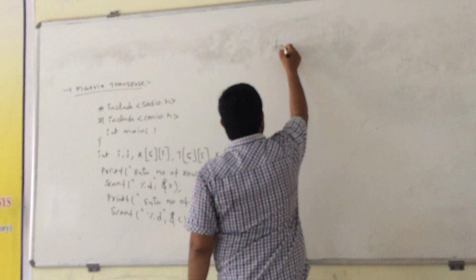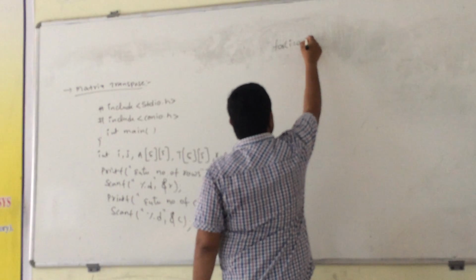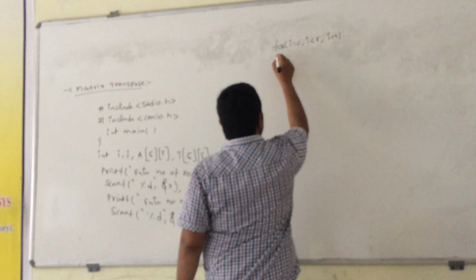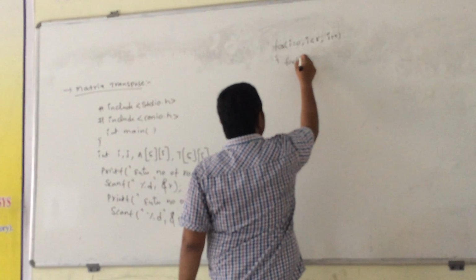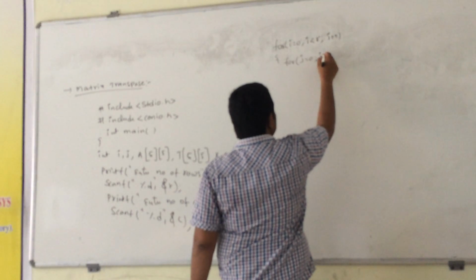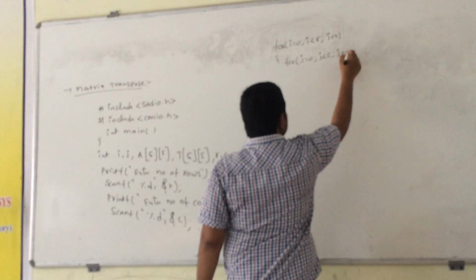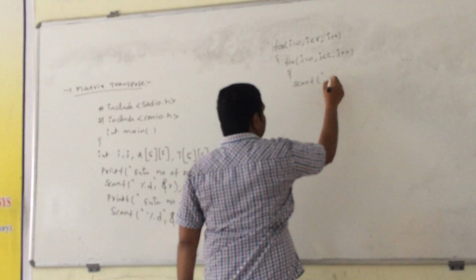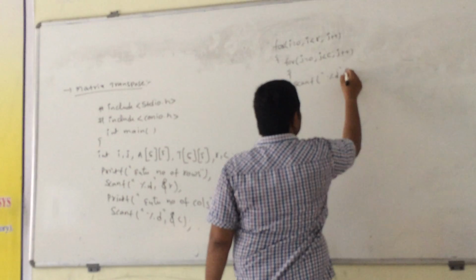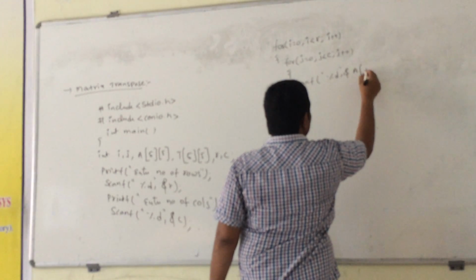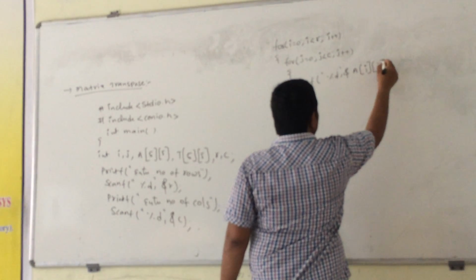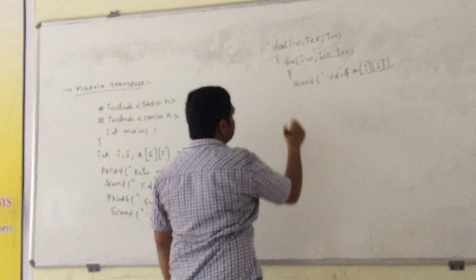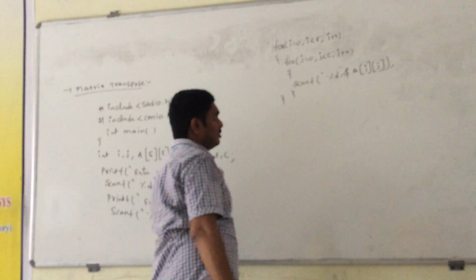For this I am using 2 for loops. For i equals 0, i less than number of rows r, i plus plus, and the inner for loop is for j equals 0, j less than number of columns c, j plus plus. Next, scanf. I am taking the values, scanf %d ampersand, stored in matrix A. So this is the end of the inner for loop and the outer for loop.